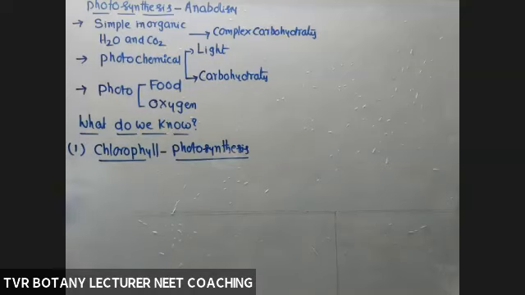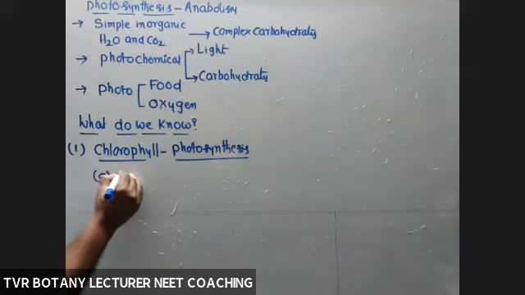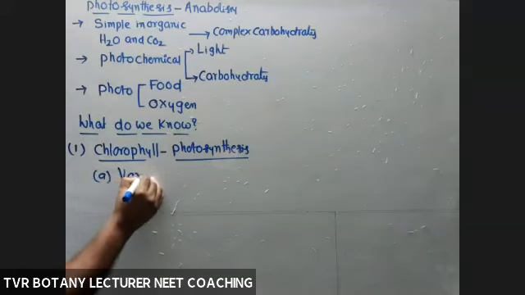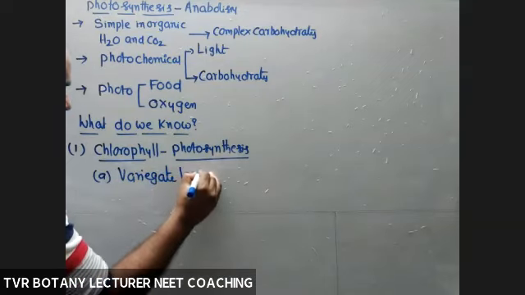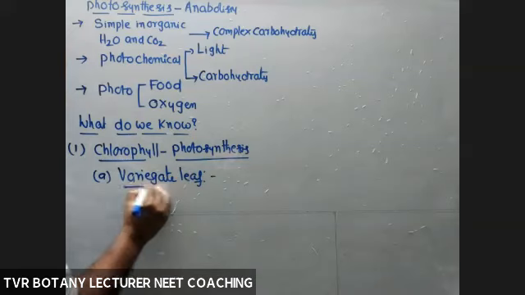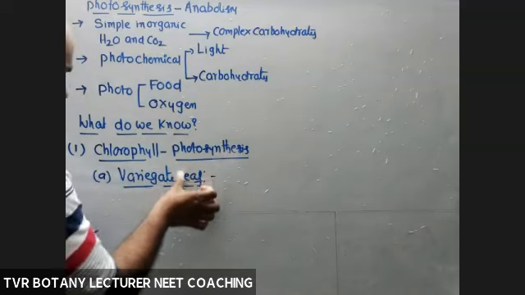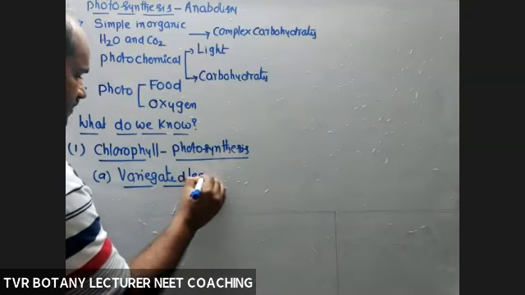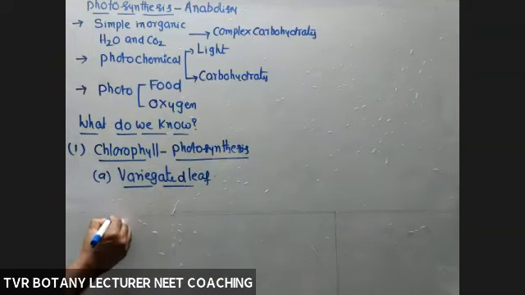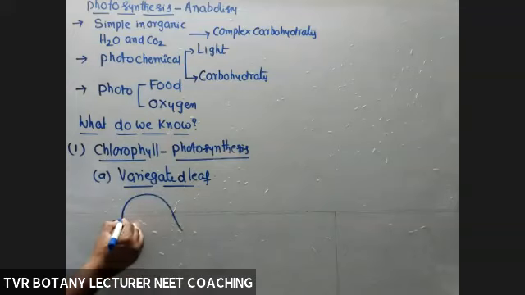So how do we demonstrate the importance of chlorophyll? Okay, so the given one is a variegated leaf. What is this variegated leaf? Variegated means with different colors. A leaf with isolated patches of different colors.